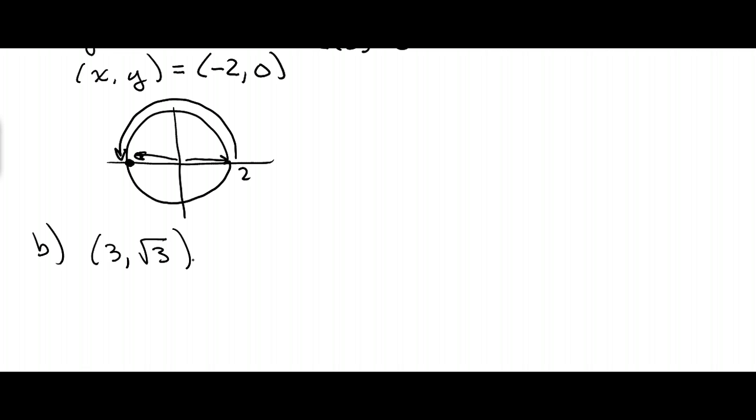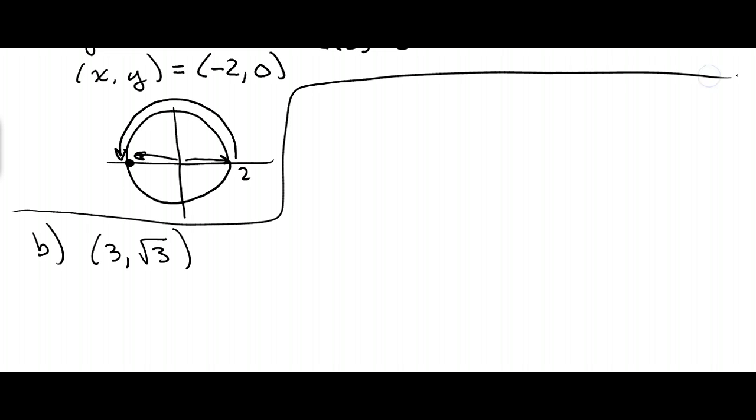Okay, so again, there's no angle in here, so we can see that if we graph this, I would go out 1, 2, 3, and then I would go up square root of 3, which is about 1.7. So it would come up somewhere about here, and that's where the point was. So we want to figure out, if I was going to graph this in polar, where it would be.